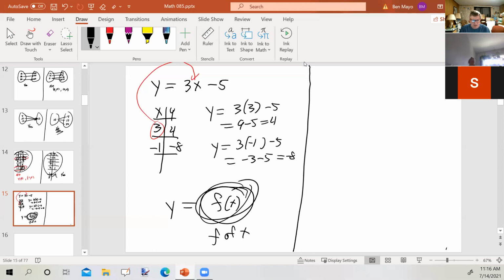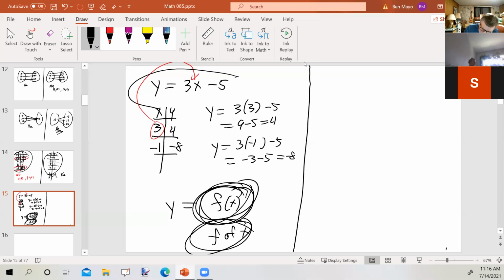Of, in that context, meant multiplication. 12 is 4 times x. So if we call this f of x, it sounds like it should be multiplication. So it looks like multiplication and it sounds like multiplication, but it's neither one. It's just another fancy way of writing y.